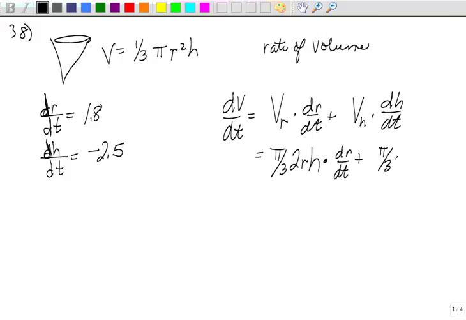With respect to h, we just get all that, that's constant. And now we just substitute numbers in. The radius is 120. The height is 140.